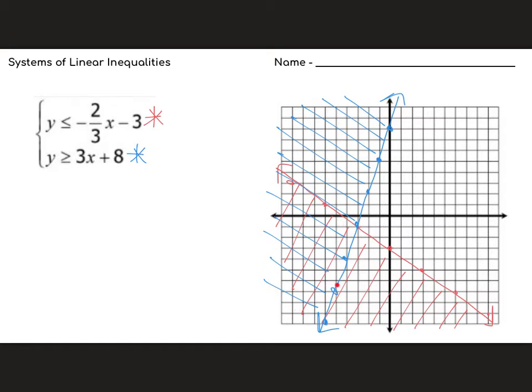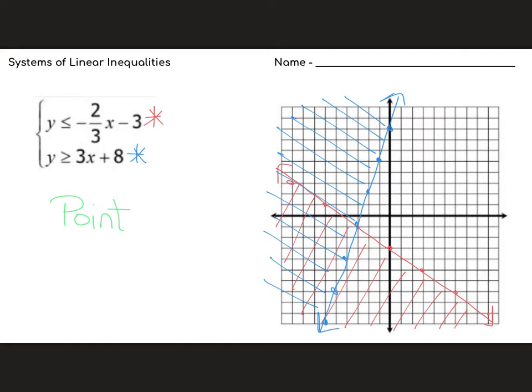I have the two solid lines, and then where the two shadings overlap, we call that the cross-hatching. That's the solution. Now, you might have to give a point that is in the solution. So look at that area. There are lots of points over here, right? You could name any number of points, but pick one point that is in the solution area.